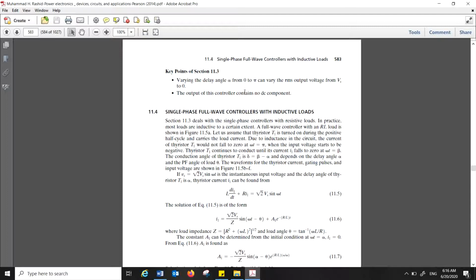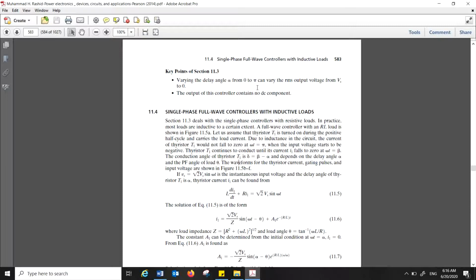It doesn't have any DC part, and you can vary the delay angle from 0 to pi, and so the RMS value changes from Vs to 0. So this is very interesting. It doesn't have any DC component.